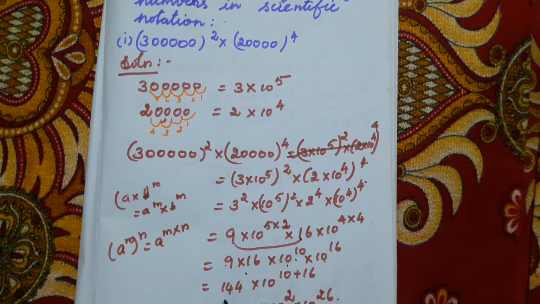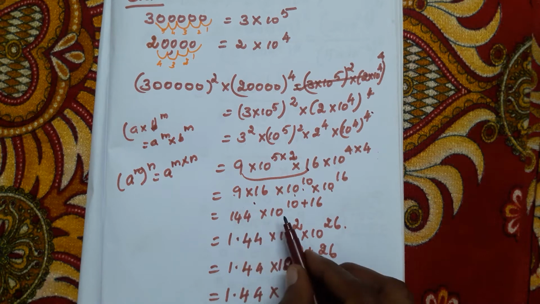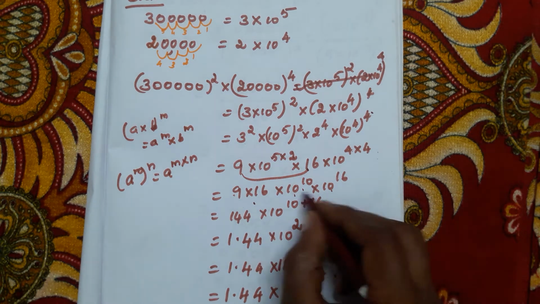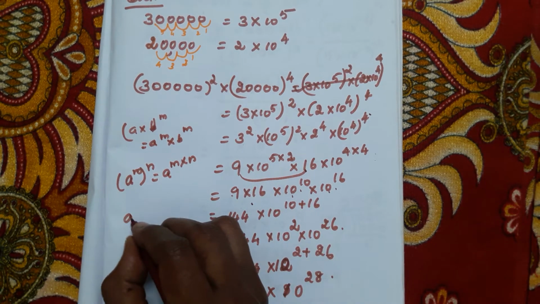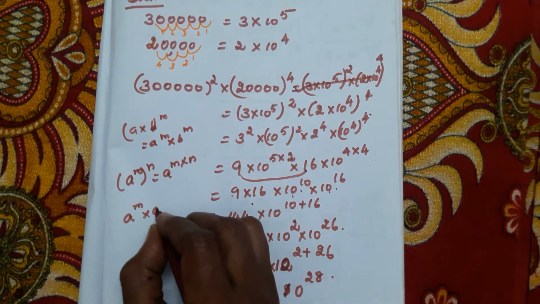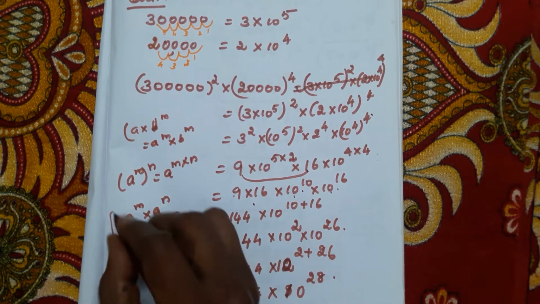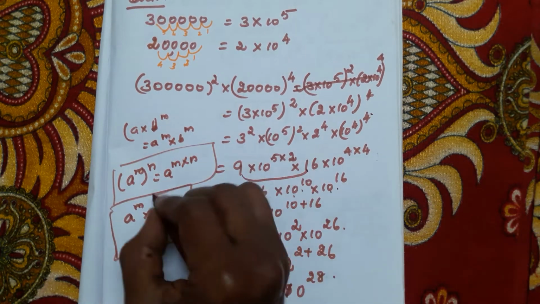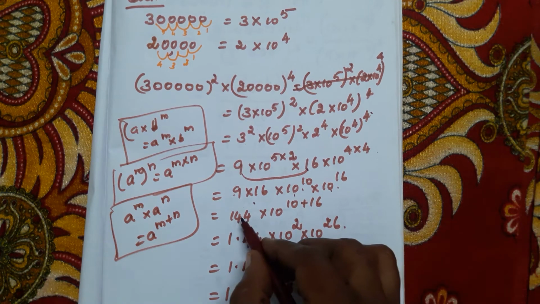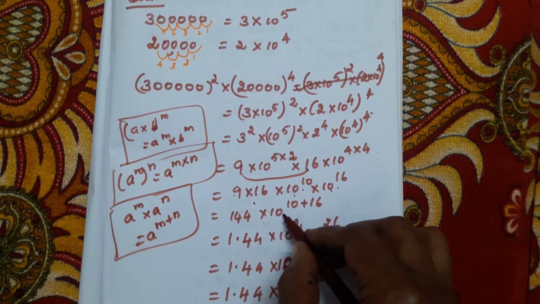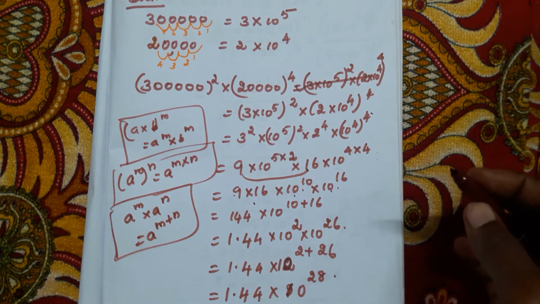Next, 9 into 16 is equal to 144. 144 into 10 power, here the base is the same, so we want to use the property a power m into a power n is equal to a power m plus n. When we use that, what do we get? 144 into 10 power 10 plus 16.